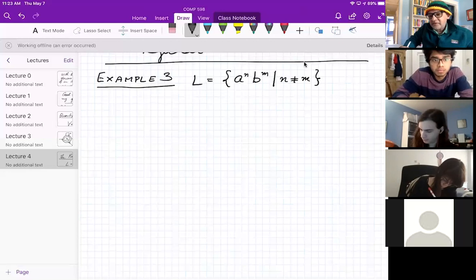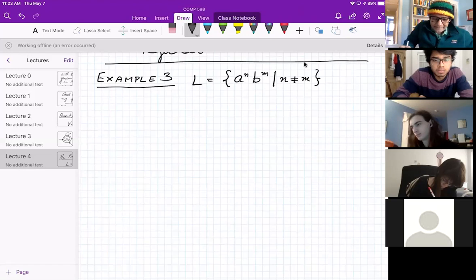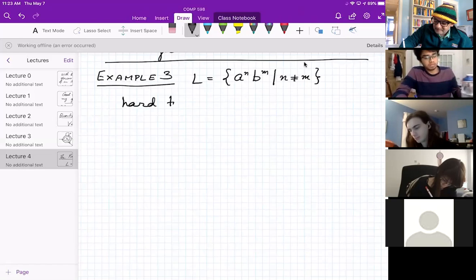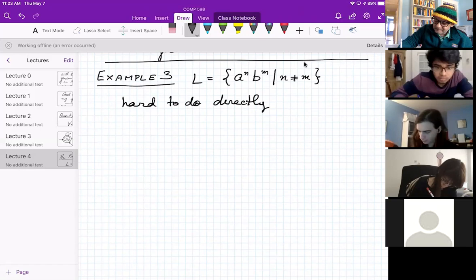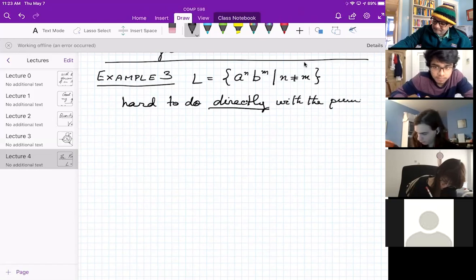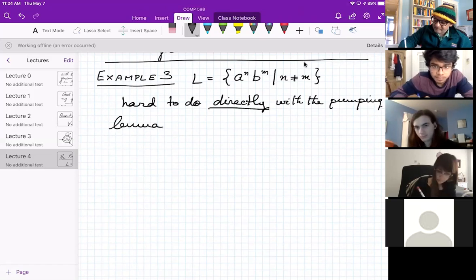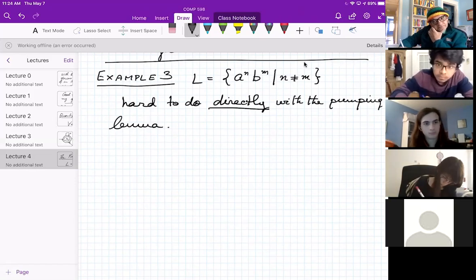And now you can try to do this with the pumping lemma. It's possible, but basically hard to do directly with the pumping lemma.